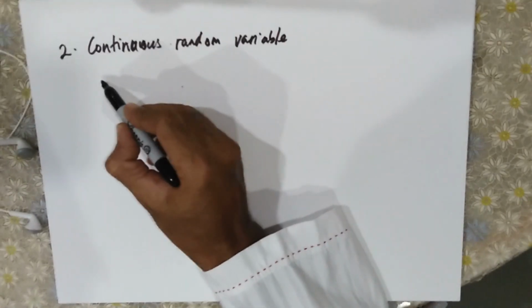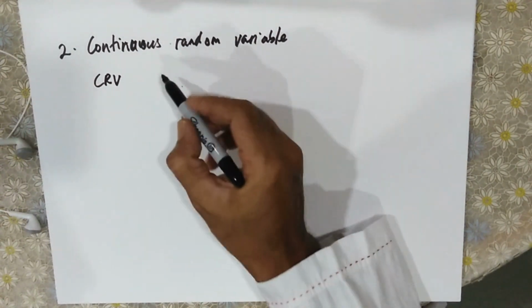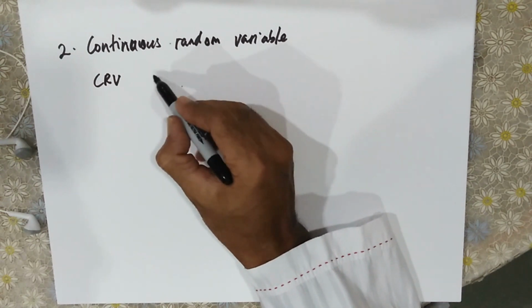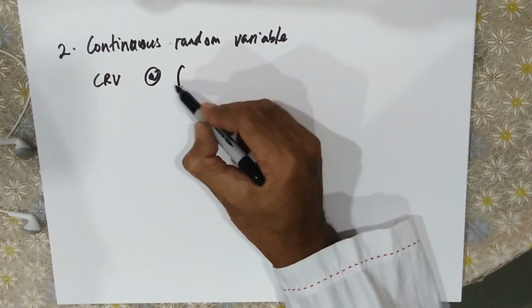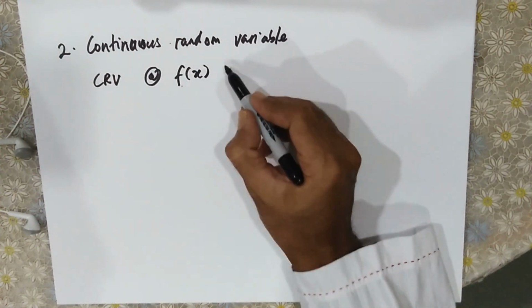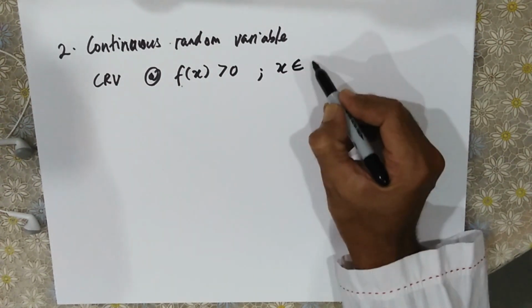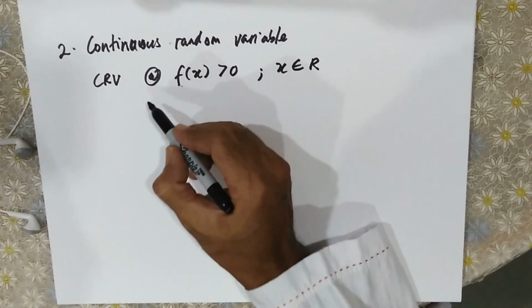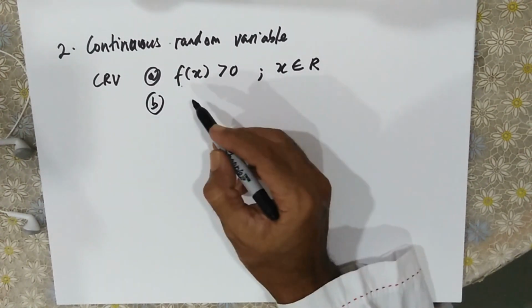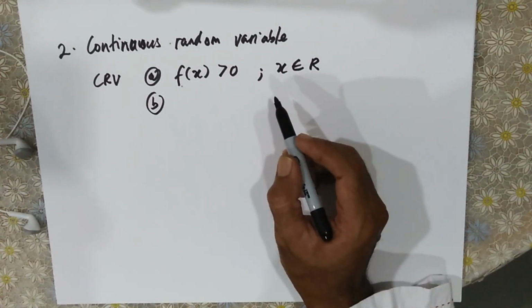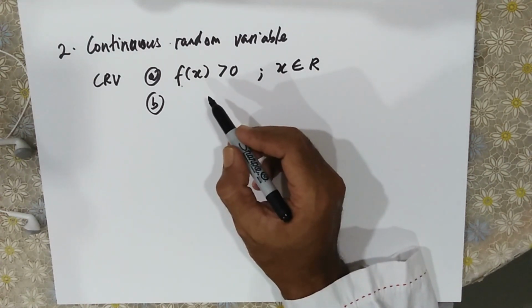For the continuous random variable, we have three parts here. The first one, f(x) must be greater than 0 for x element of real number, and then instead of summation, which is for discrete, we use the integration.